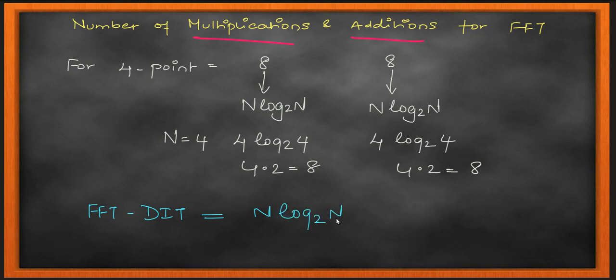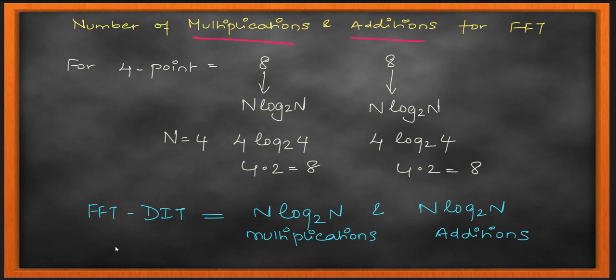So for your 4 points, when n is equal to 4, the total number of multiplications and additions was 8 additions and 8 multiplications. For each stage, it was 4 and 4. So 4 plus 4, 8, and 4 plus 4, 8, if you go back to the slide. Represented as a formula, I can write it as n log 2n.